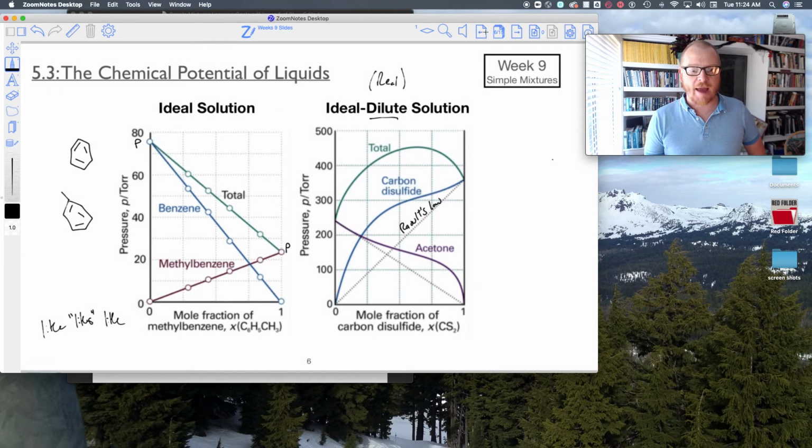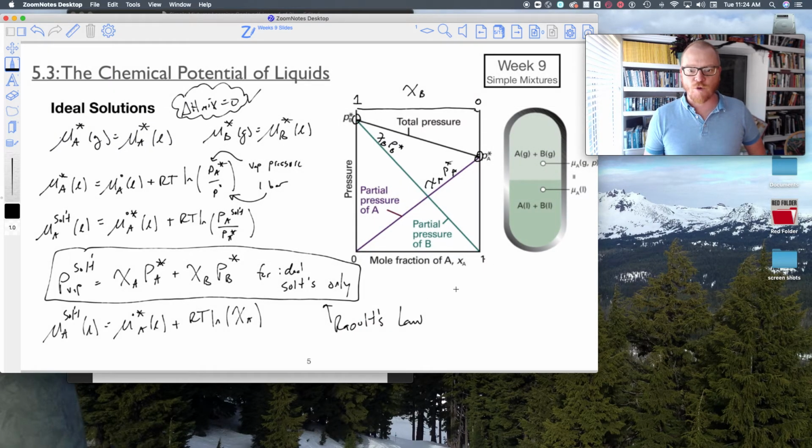So let me actually back up and say, on Raoult's law here, if the solute is a solid, and it makes an ideal solution, then the vapor pressure of the solution is only given by the solvent.